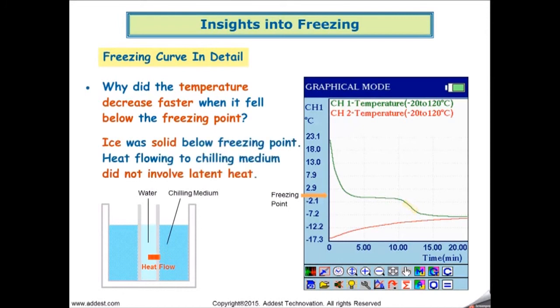The ice was a solid so long as its temperature went below the freezing point. Therefore, the flow of heat to the chilling medium was purely due to the ice itself losing heat without the release of latent heat. This then led to a higher rate of decrease in temperature.